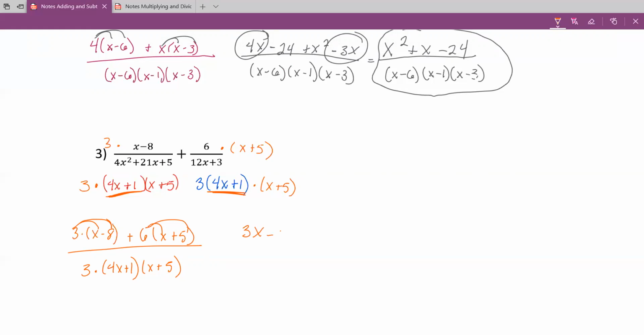3x minus 24 plus 6x plus 30. Bring over my denominator, and then combine our like terms.